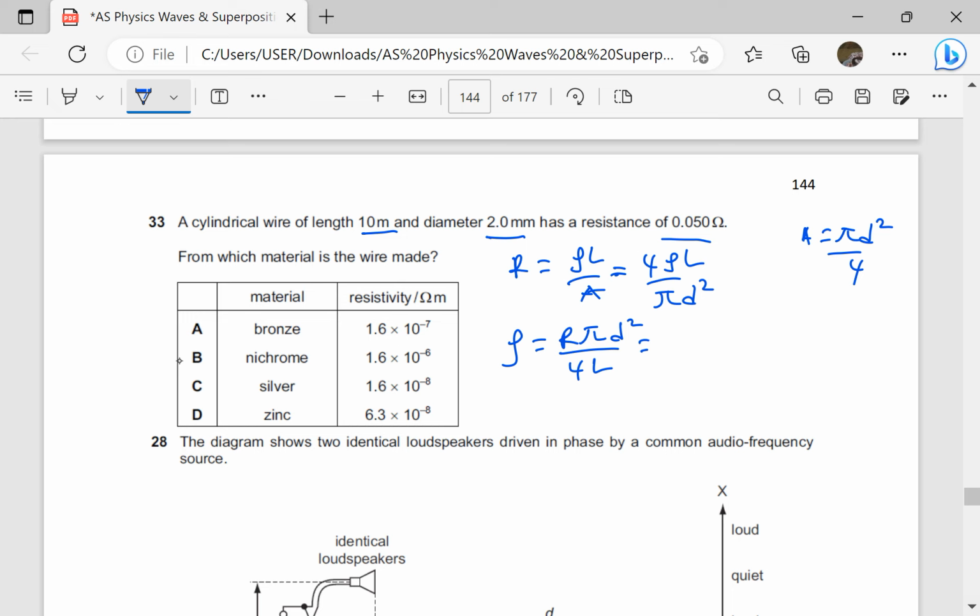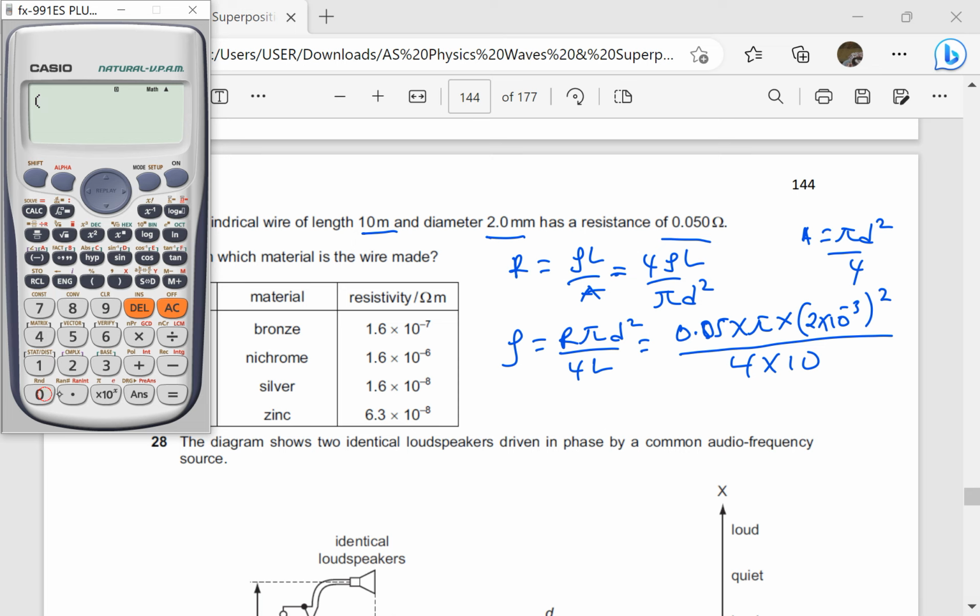We substitute 0.05 times pi times d, which is 2 times 10 power negative 3, and this is going to be squared, divided by 4 times 10.